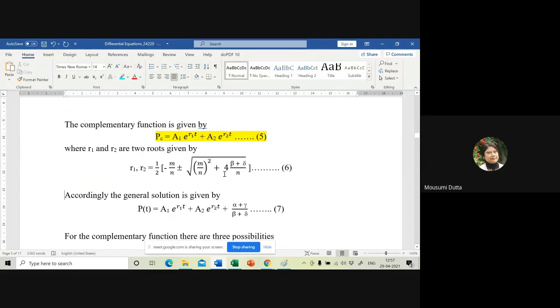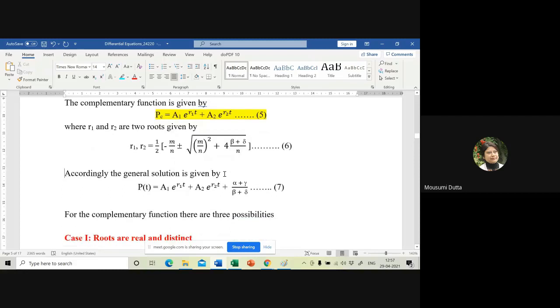Now, if roots are real and repeated, what are the values of the roots? Minus m by 2n, because the discriminant part is equal to 0 then.